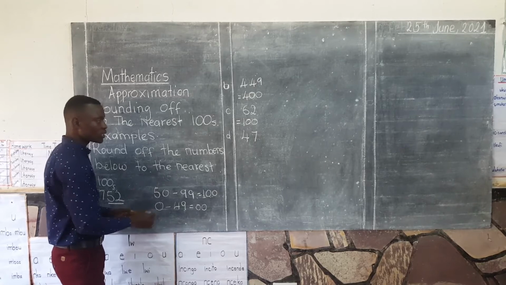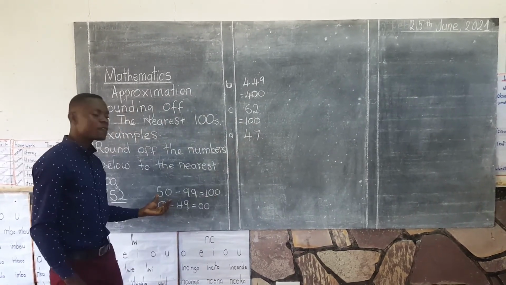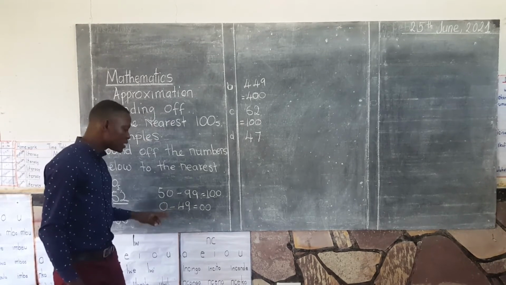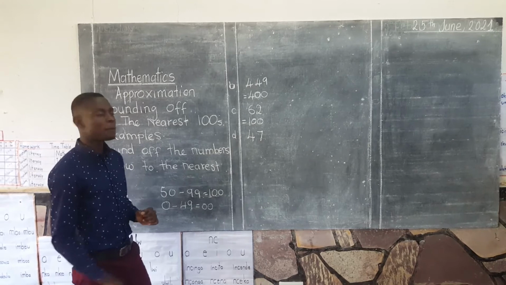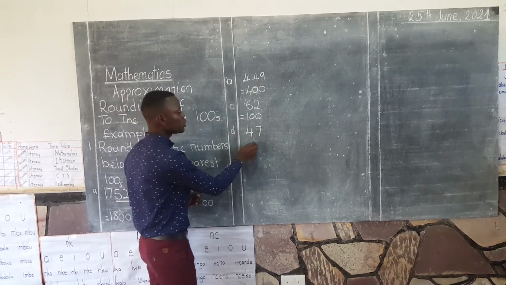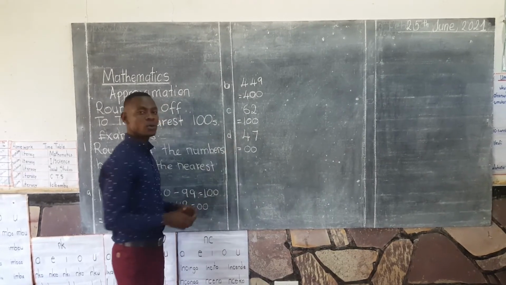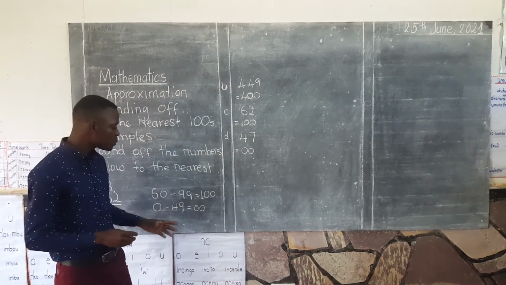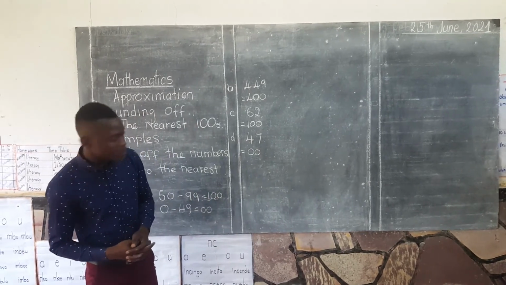The answer is that 47 is below 50. It is between 0 to 49. Hence, to round off that number 47, it will just be 0, 0, because that's the answer we looked at. Those are principles that are helping us to answer these questions.